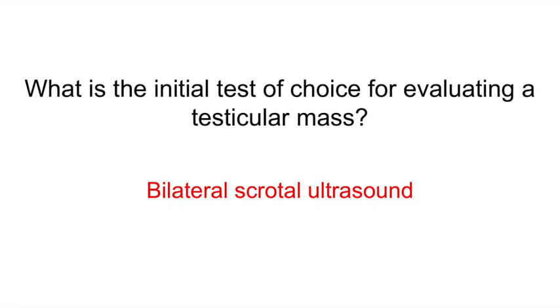Patients with a solid testicular mass have to undergo a radical inguinal orchiectomy to establish a tissue diagnosis. And if the mass is found to be cancerous, then the treatment would be a radical orchiectomy plus chemotherapy. Knowing testicular diseases is extremely high yield for the USMLE Step 2 and the USMLE Step 3.